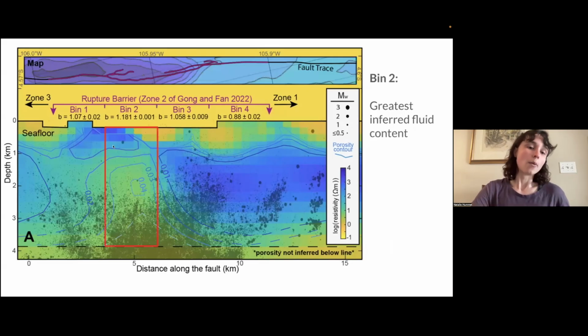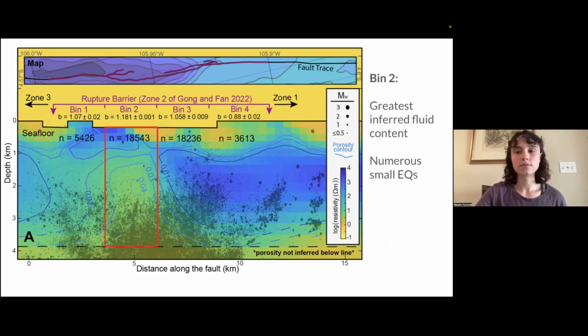Okay, I want to focus on this sub-region of the rupture barrier here, because this has the greatest conductivity, so the highest inferred fluid content. It also has the greatest number of small earthquakes measured during this deployment, 18,000, similar to this section over here, but much higher than the peripheral parts of the rupture barrier.